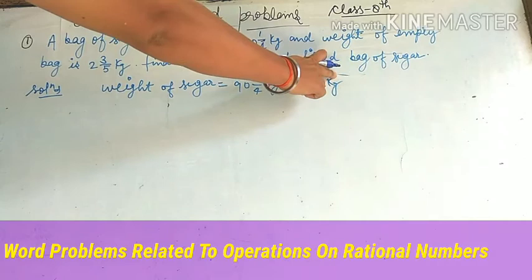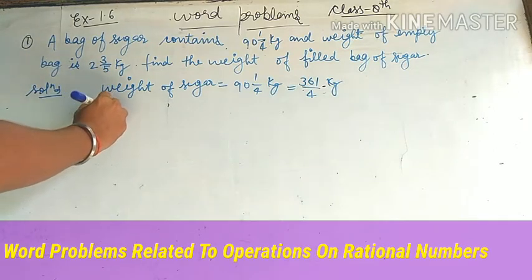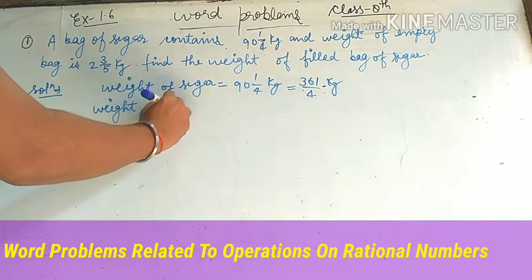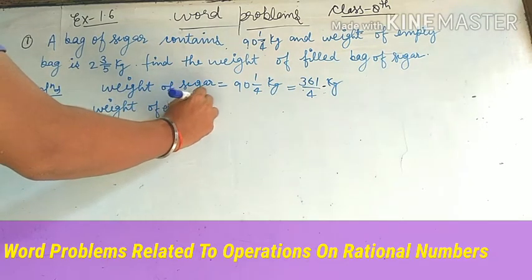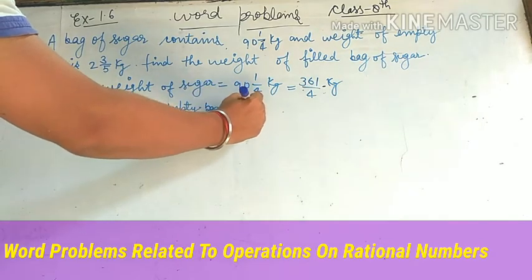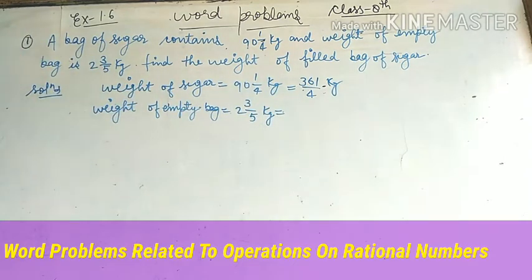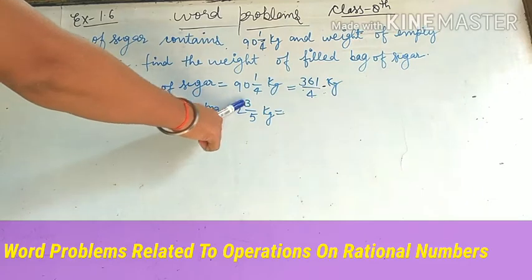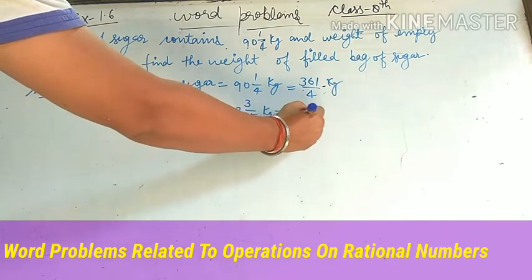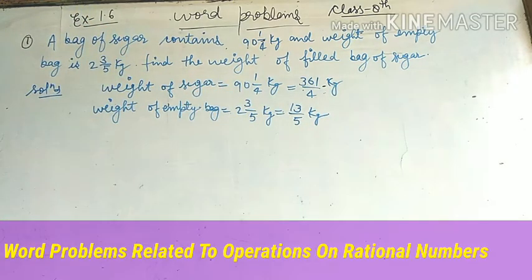Okay, and weight of empty bag equals 2 complete 3 upon 5 kilogram, means 5 twos are 10, plus 3, 13 upon 5 kilogram.